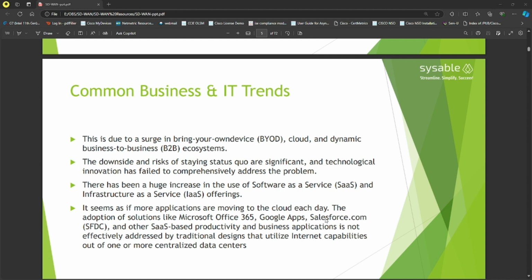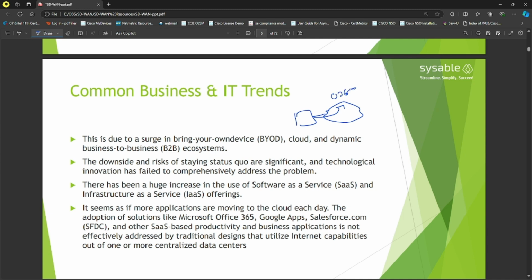Another software as a service based productivity and business application is not effectively addressed by traditional designs that utilize internet capabilities out of one or more centralized data centers. Now, basically what happens is whenever you want to access the internet, this is the corporate business and they are connected to the internet, but they don't go directly to the internet like Office 365.